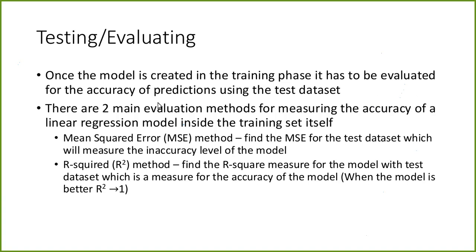And once you have evaluated on the testing data set, then you can use it in production, right? For the evaluation, you can use two techniques, mainly the mean square error value or the R-square value, right? When R-square is getting closer to 1, it is better. Otherwise, it is not good, right? That is how we evaluate this method.